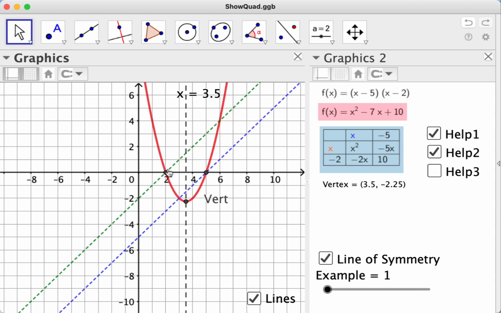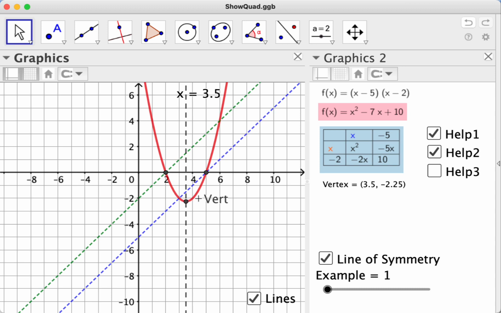So notice that when the green line is passing through the x-axis, the curve is passing through there as well. When the blue line is passing through the x-axis, the curve is passing through the x-axis as well. In between these 2 points here, the green line has positive y values, the blue line has negative y values. When we multiply a positive times a negative, we get a negative. That's why our curve is below the x-axis here.